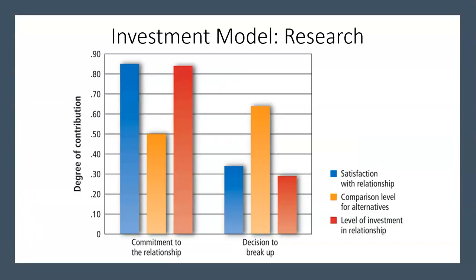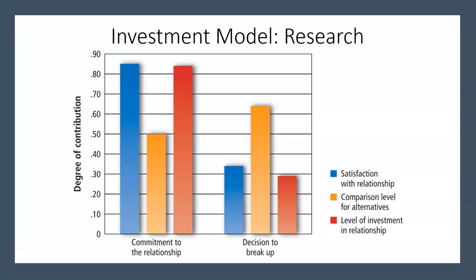So to put this in graphical terms, when people show high degrees of commitment to staying in their relationships, they tend to show high levels of satisfaction and high levels of investment, and comparatively lower levels of perceiving the alternatives to be good.